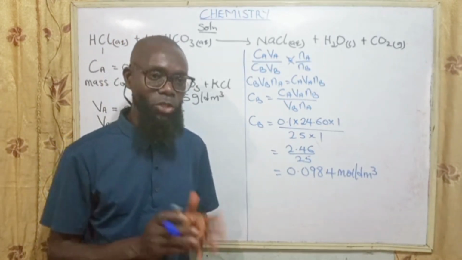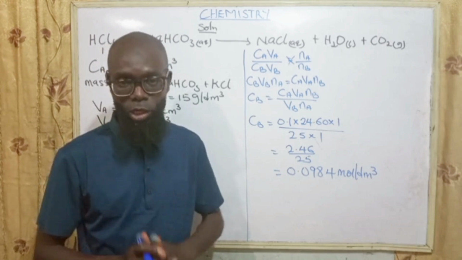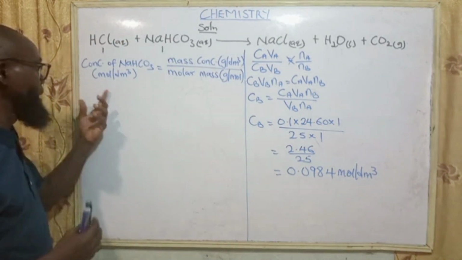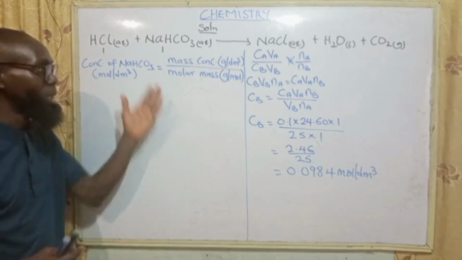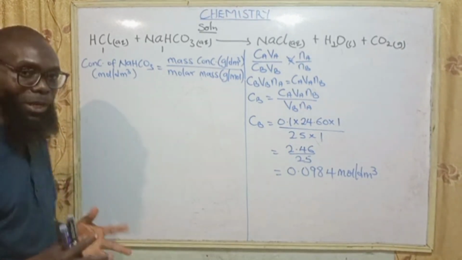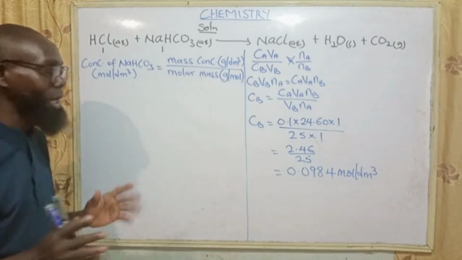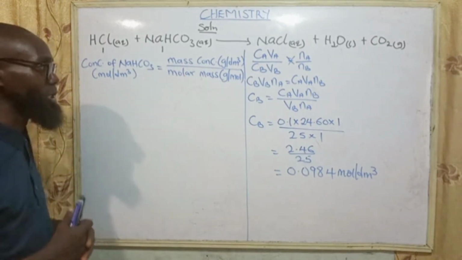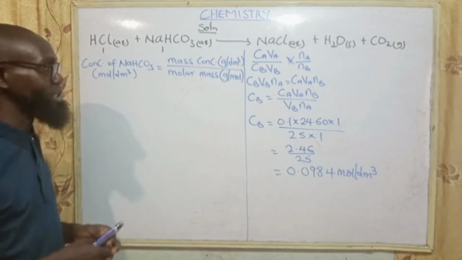So which means we need to get the molar mass. Concentration of sodium hydrogen carbonate in mole per dm cube is equal to mass concentration in gram per dm cube over molar mass in gram per mole. So what we need to calculate is the mass concentration in gram per dm cube.